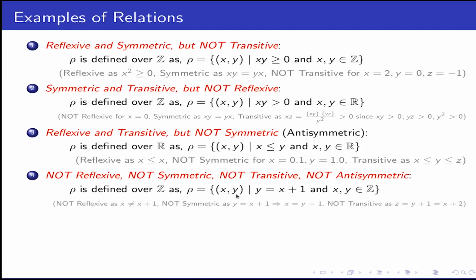Not symmetric because if you include xy, then y is related as x plus 1. And symmetry says then you have to include yx too. But if you include yx, then x is equal to y plus 1. This is false because y equal to x plus 1 means x equal to y minus 1.